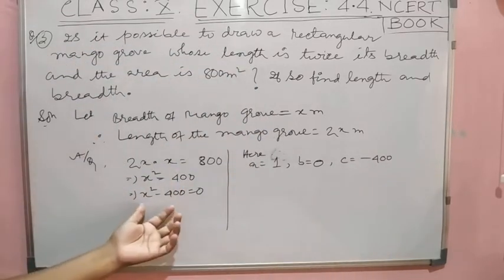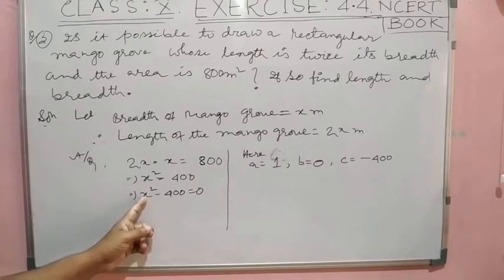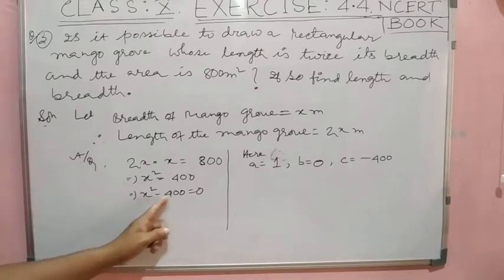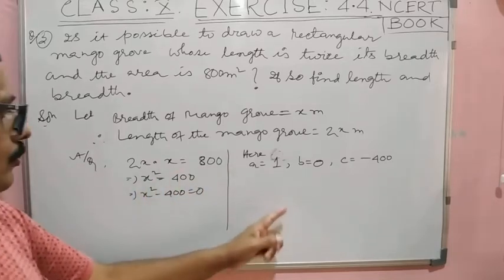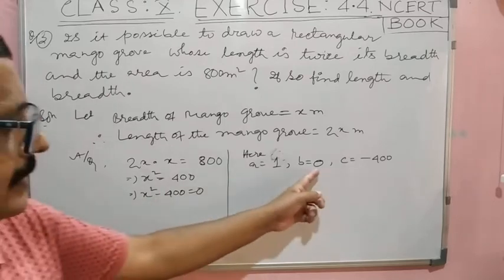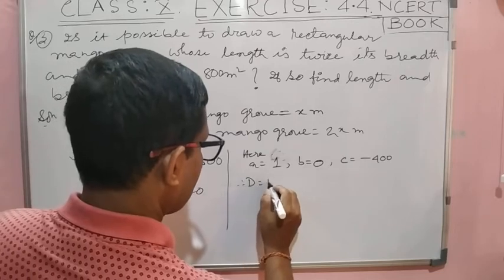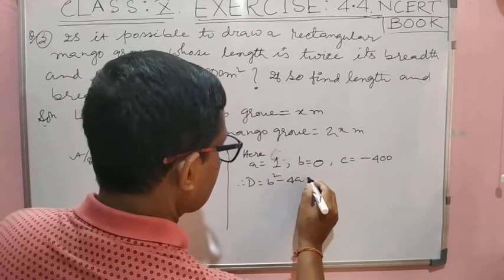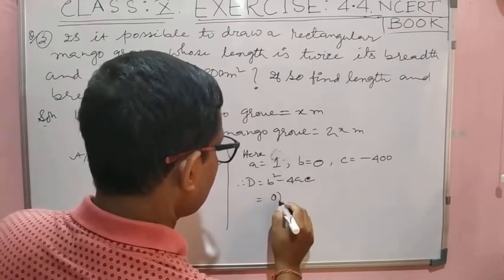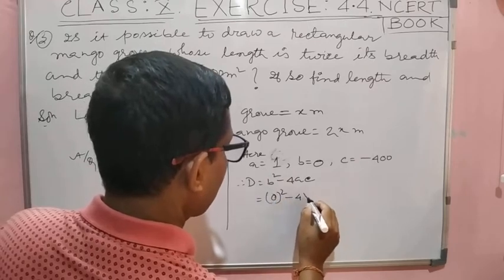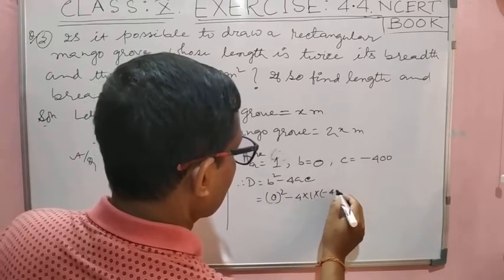This is the standard form, x square minus 400. a means coefficient of x square, b is absent, that means coefficient of x is 0. Now let us check the discriminant. Therefore D equals b square minus 4ac.